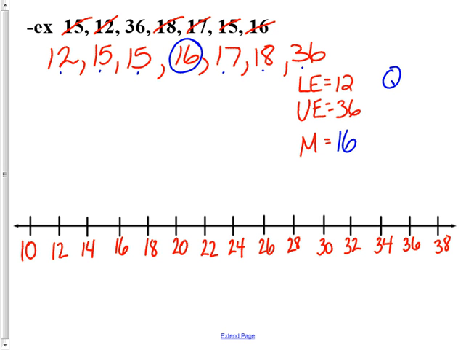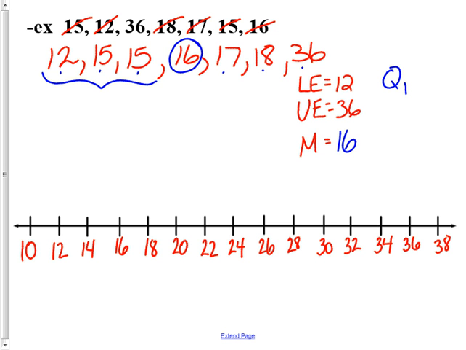Now when I go to look at the first quartile, something really important to notice is since 16 is our median, it's exactly in the middle. It's not part of the upper half of the data, and it's not part of the lower half. It's exactly in the middle. So we don't include it in either the upper or the lower half when we're finding the first and third quartiles. So our lower half of our data is from 12 to 15.